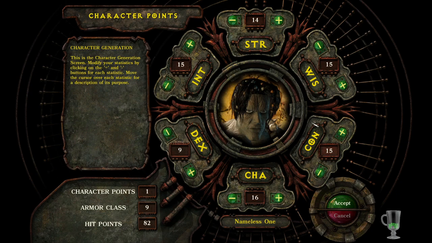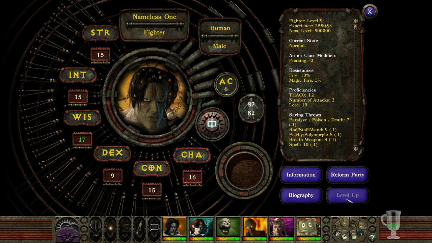What should I put this into? My constitution would get more hit points. Probably charisma or strength. I'll go with strength. May as well.